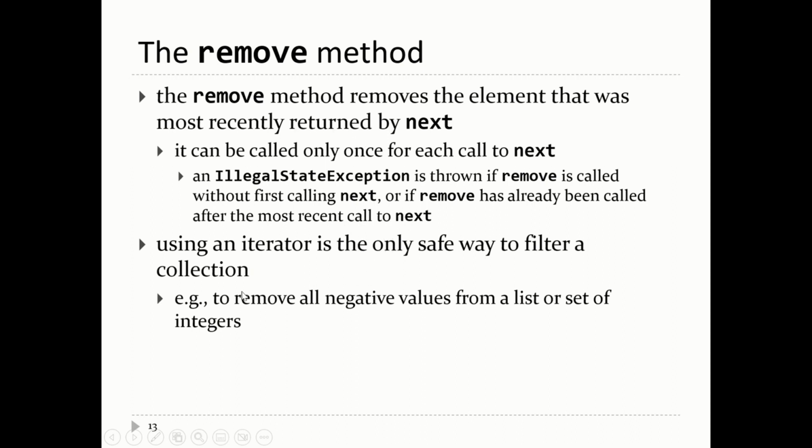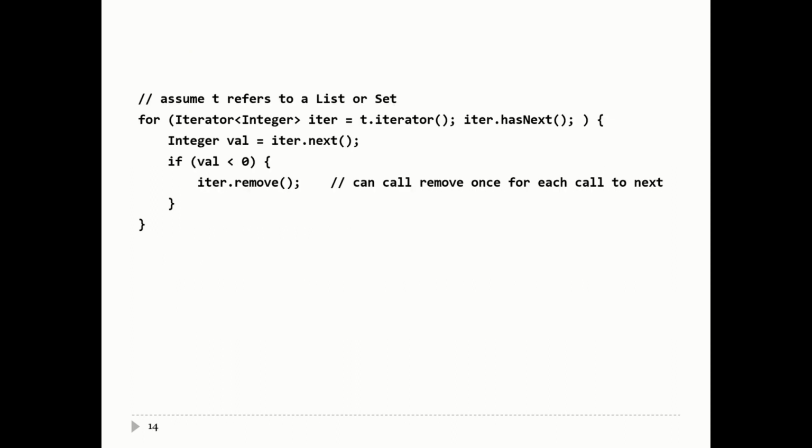Using an iterator is the only safe way to what's called filter a collection. When you filter a collection, you iterate over it and remove values as you're iterating. For example, you might want to remove all the negative elements from a list or a set of integers. The way you do this with an iterator is as follows.